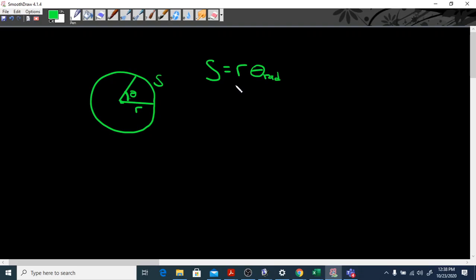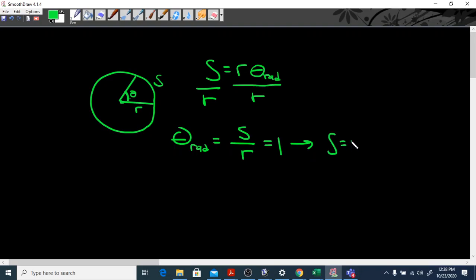Using this, we can solve for what 1 radian is. I can divide both sides by R, and I get that theta in radians is equal to the arc length divided by the radius. Now, if I set this equal to 1, what I wind up with is that the arc length equals the radius.